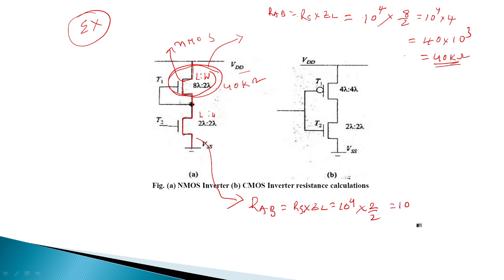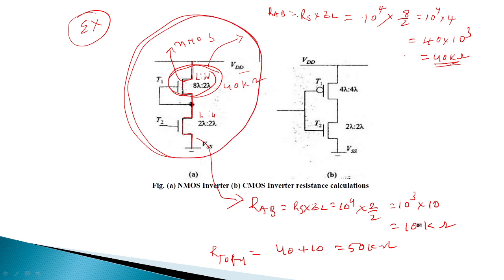That equals 10 power 4, which we can write as 10 into 10 cube, equal to 10 kilo ohm resistance. Therefore the total resistance equals 40 kilo ohm plus 10 kilo ohm, which is 50 kilo ohm resistance for this inverter.